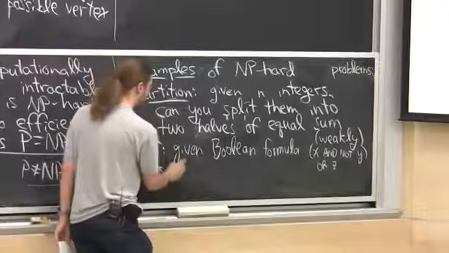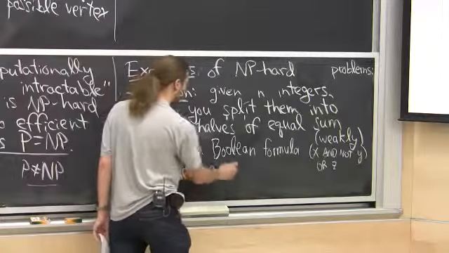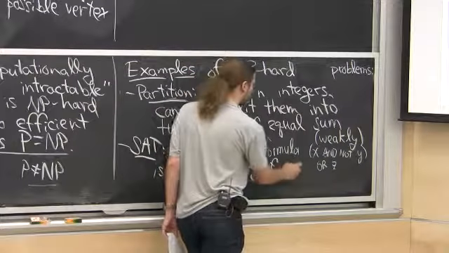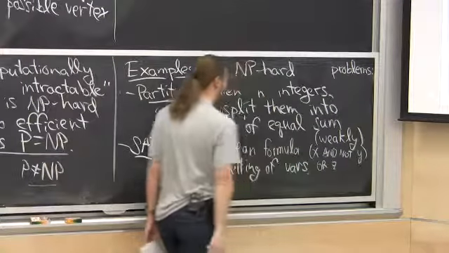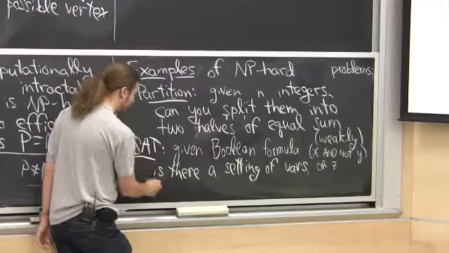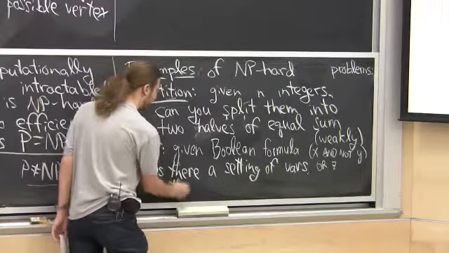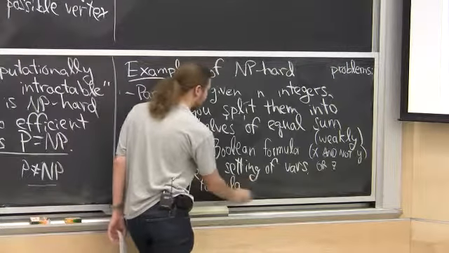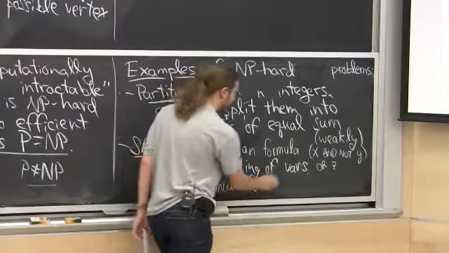Is there some setting to the variables x, y, and z, or in general there's n variables, so that the formula is true? So we'd say the formula is satisfied.